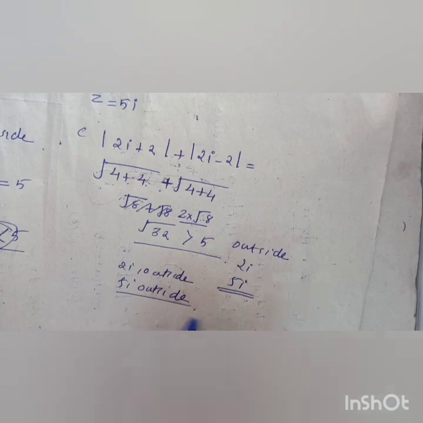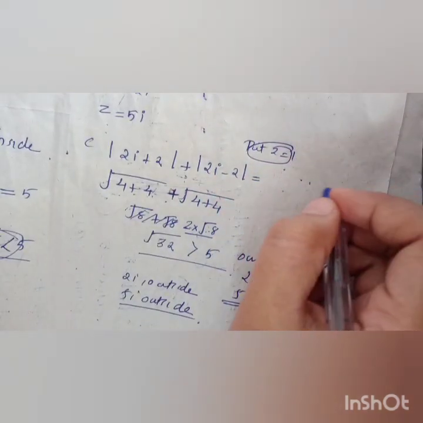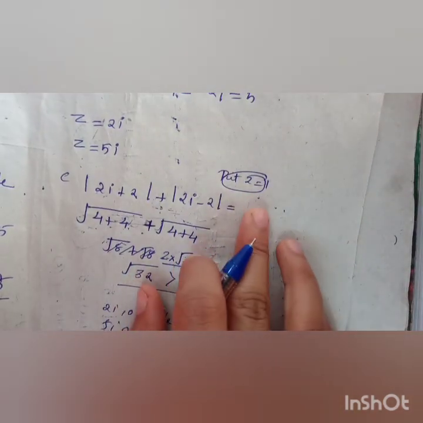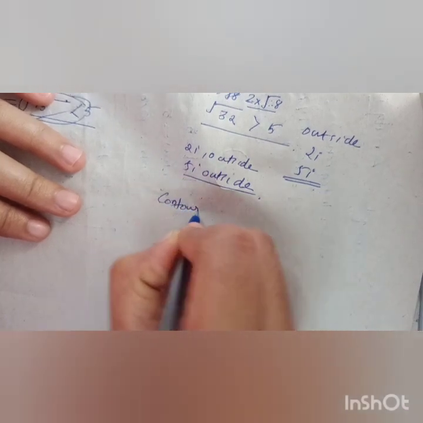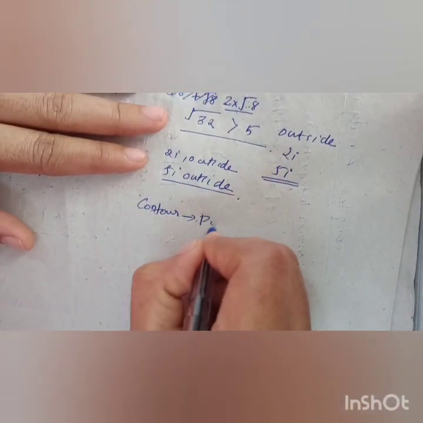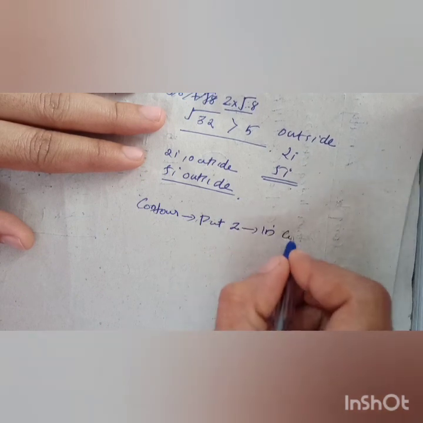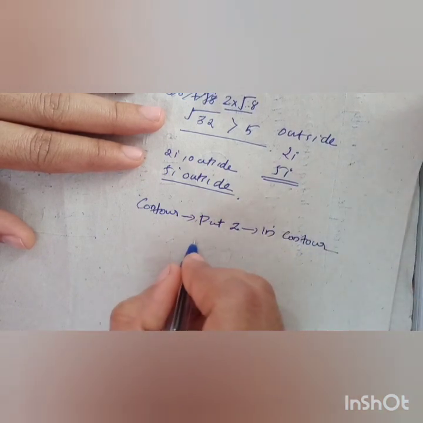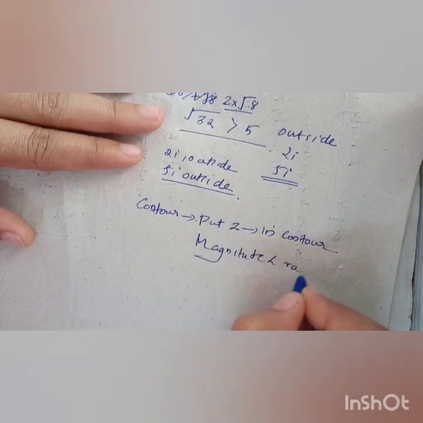So how to find that? If you are given a contour, you have to put the values of z there and check whether the magnitude is greater than the radius or not. So if a contour is given, you put the values of z in the contour and check whether the magnitude is less than the radius.